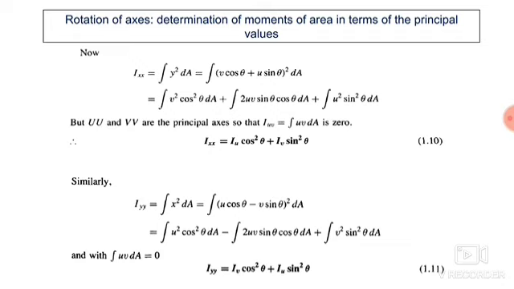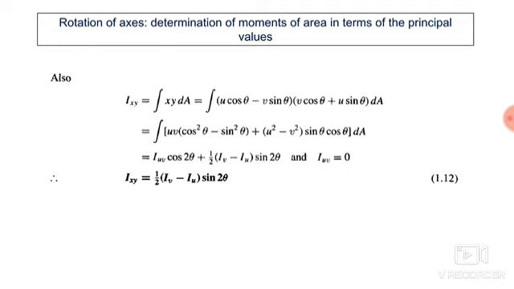As we know, for any moment of area through the principal axes, the product moment of area is always zero. So by putting that value we need to find the IU value. Similarly, by following the same steps we can find the value of IYY, the moment of inertia about the y-axis.